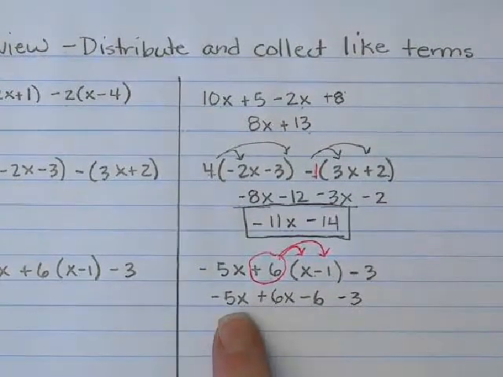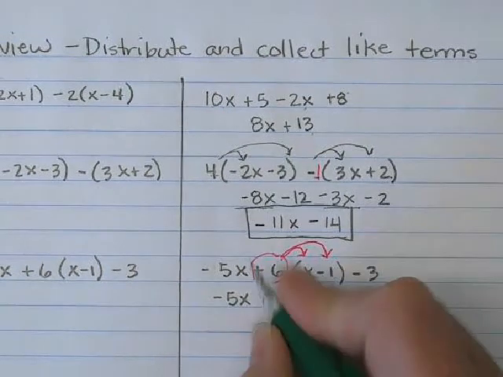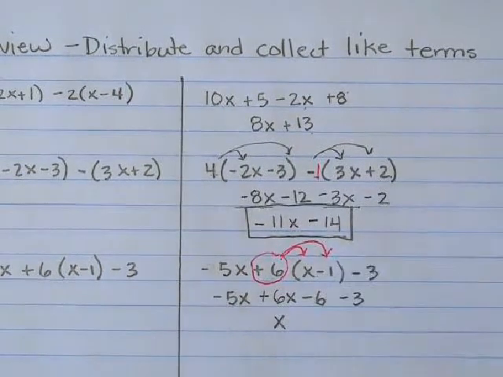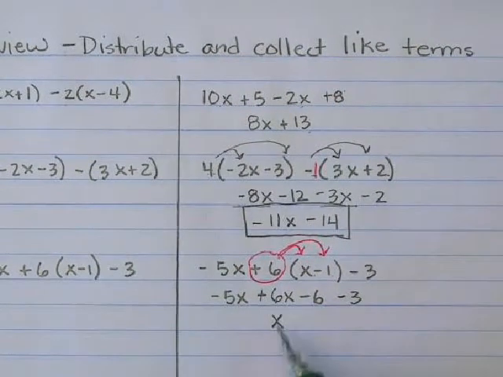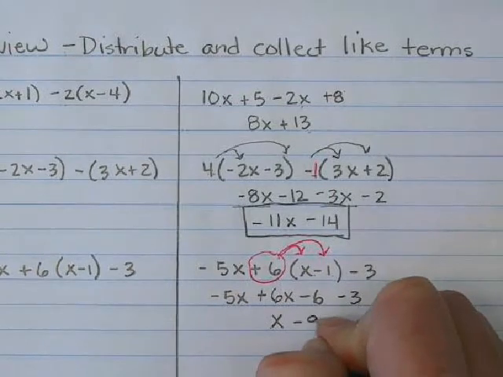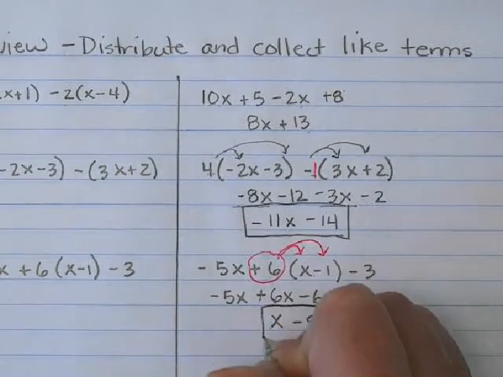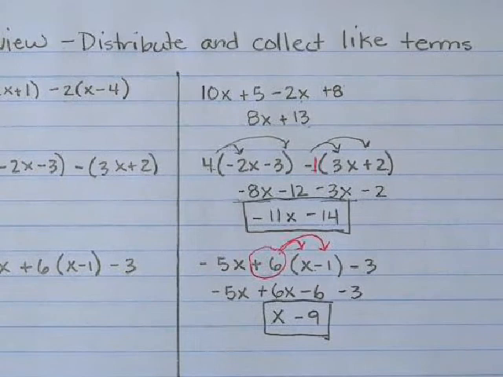Okay, 5x and 6x. Signs are different. I subtract. 6x minus 5x is 1x. I don't want to write that 1 anymore. I just write x. And 6 was larger and it was positive. Signs are the same. Add and keep the sign. And there's my answer.